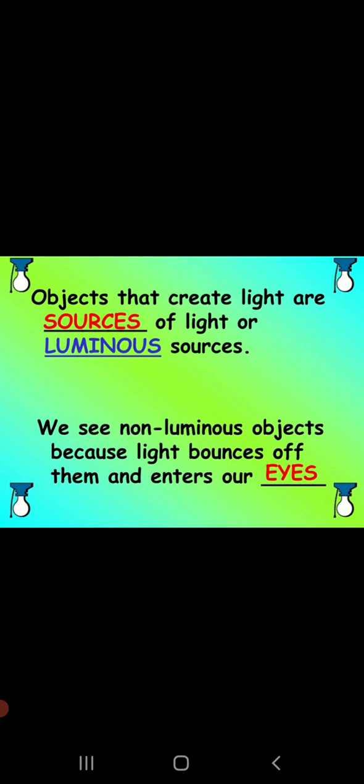And the luminous ones are sun, stars, bulb, torch. So these are the luminous objects. Luminous bodies are the sources of light, and because they have light, we are able to see them. Now, how about the non-luminous bodies?